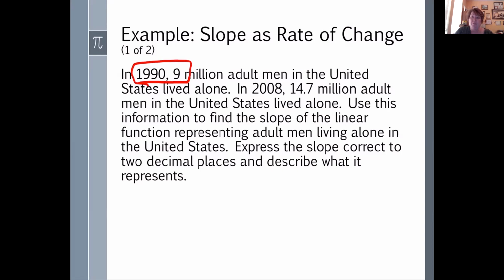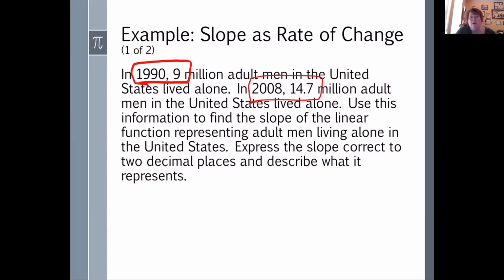So my first ordered pair is going to be 1990, 9. My second ordered pair is going to be 2008, 14.7. Again, my independent variable is going to be the year, and my dependent variable is going to be how many adult men are living alone.